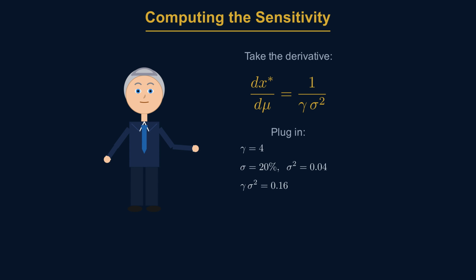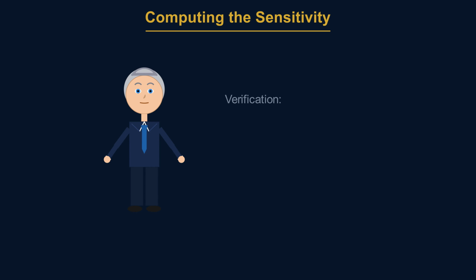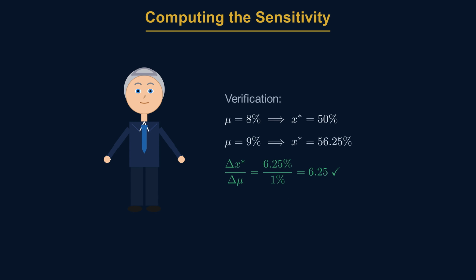Gamma times sigma squared is 0.16, so the sensitivity ends up being 1 over 0.16, which is 6.25. So for every percentage point Victor adds to his expected return forecast, his optimal weight in the asset rises by 6.25 percentage points. If his forecast is 8%, then the optimal weight is 50%. If his forecast bumps to 9%, then the optimal weight rises to 56.25%.